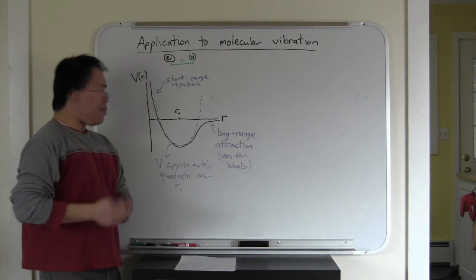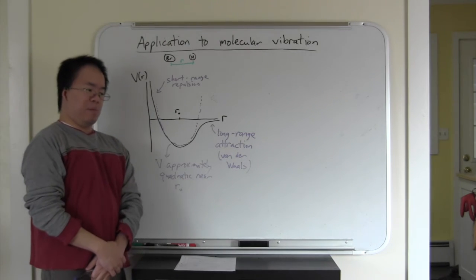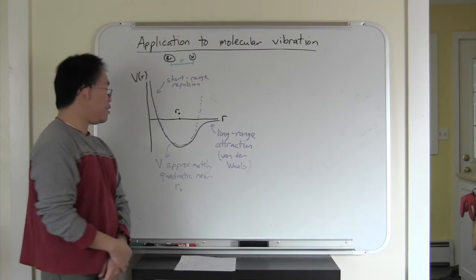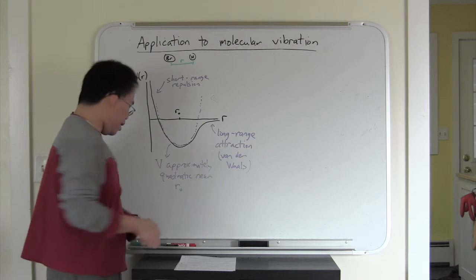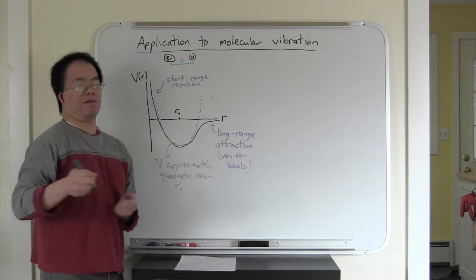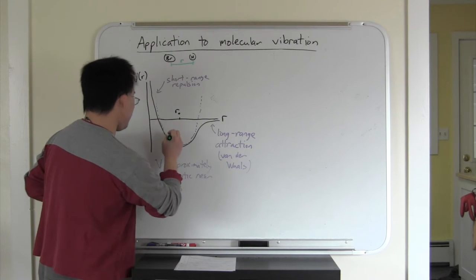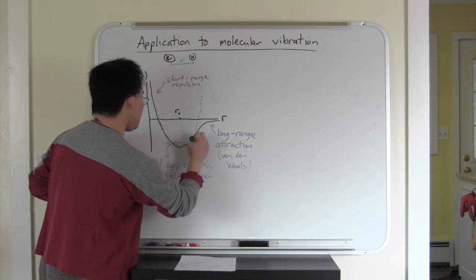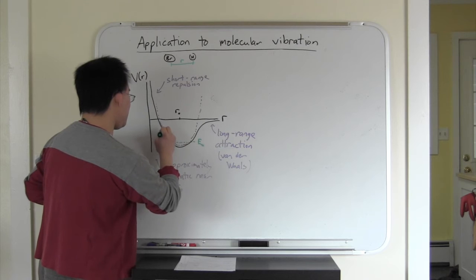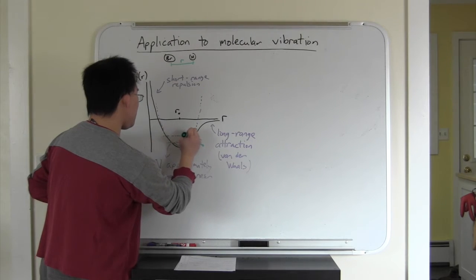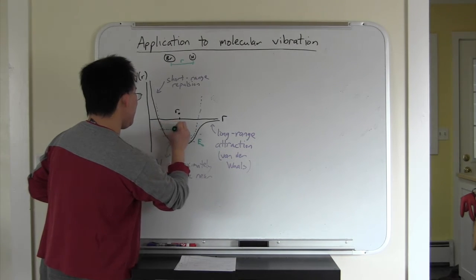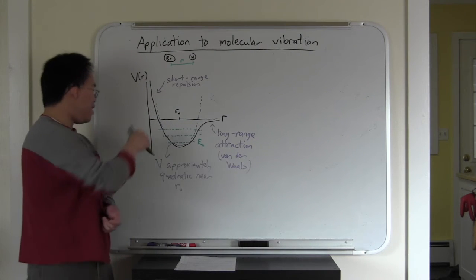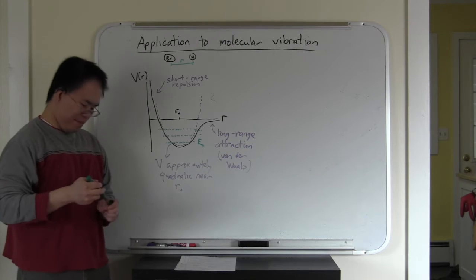So that means that I can now bring in everything that we figured out about the quantum harmonic oscillator to draw in what the energy levels or the energy eigenvalues here might be, and they might look something like this. So maybe here's my ground state, and I can draw in a bunch more energy eigenvalues right there.